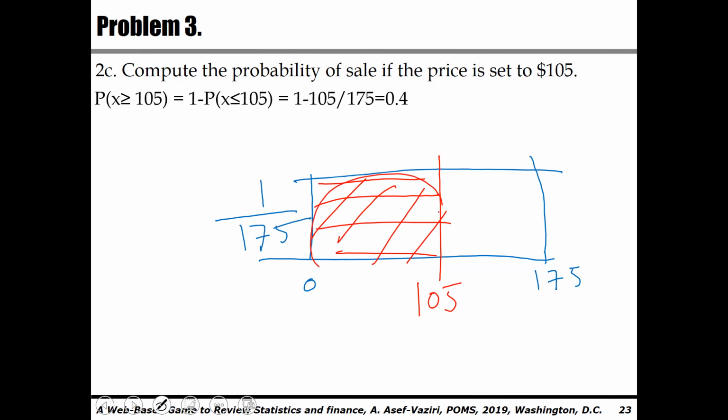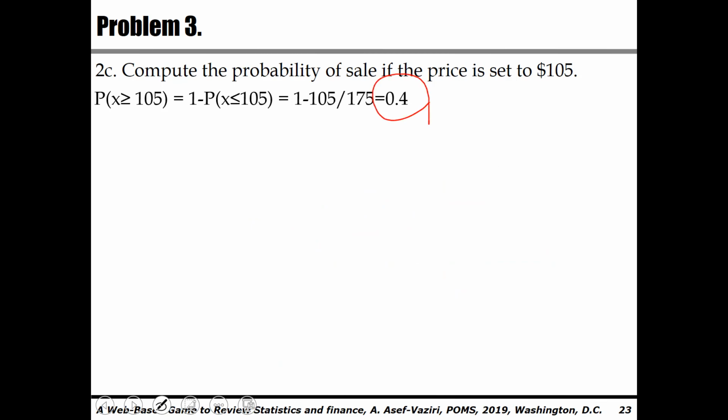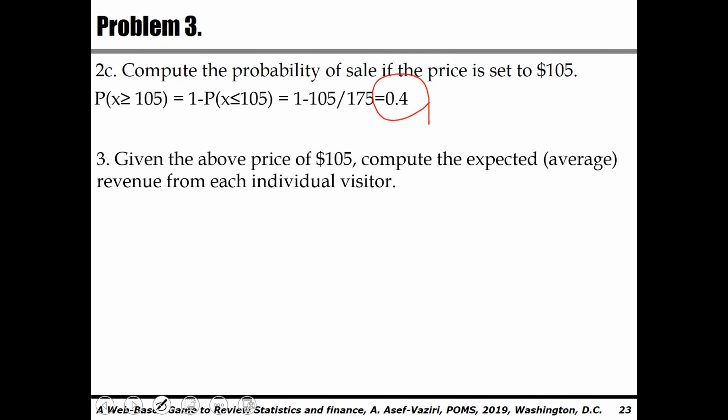The red area is computed as 105 minus 0, which is 105, multiplied by 1 divided by 175. This is the red area, but we are not looking for the red area. We are looking for green area, which is 1 minus the red area. And that is 0.4. Given that price, compute the expected average revenue from each individual visitor.